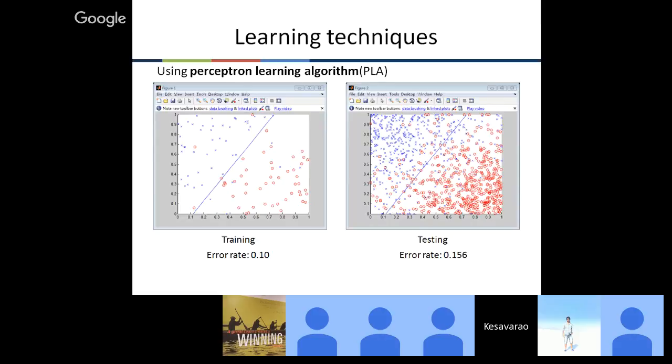If you simply depend on your training data and feel that my error rate is less in the first case, you're wrong. That is not the decision factor for you. When you're training the system, you should not feel that, oh, I'm getting less error rate here, so this is good. Just because it gives you less error rate in training, that is not the best model.